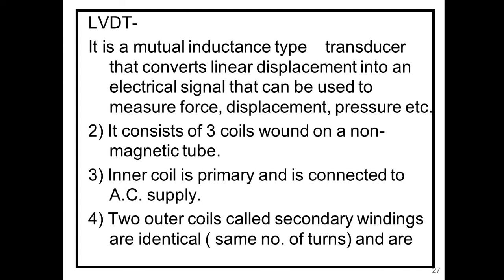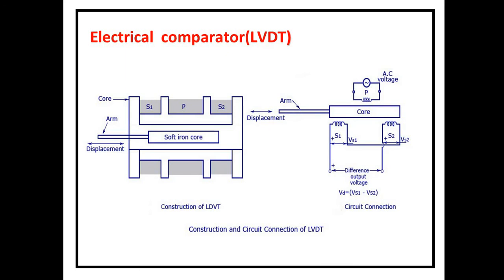Now let us see how it works, or what the constructional features are. As shown here, the LVDT consists of 3 coils, that is S1, P and S2. These 3 coils are wound on a non-magnetic core.